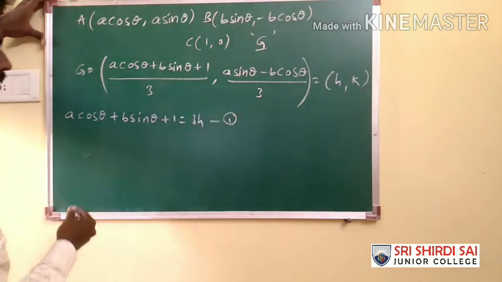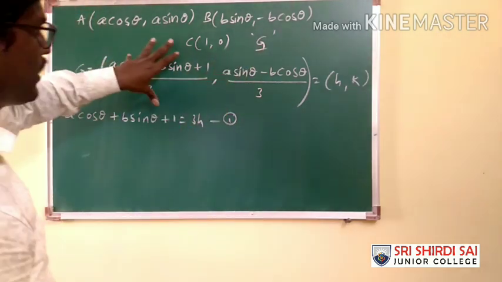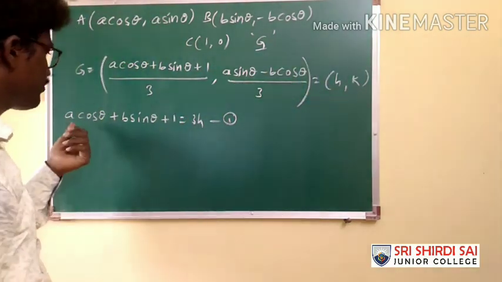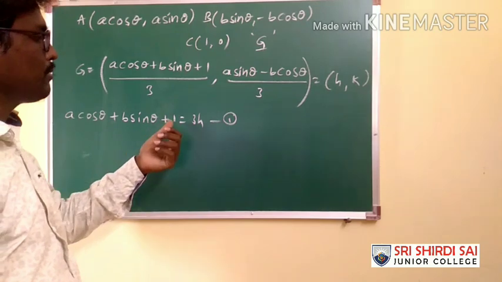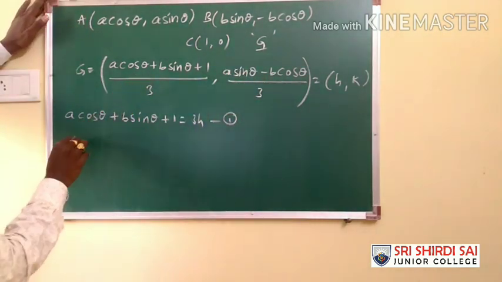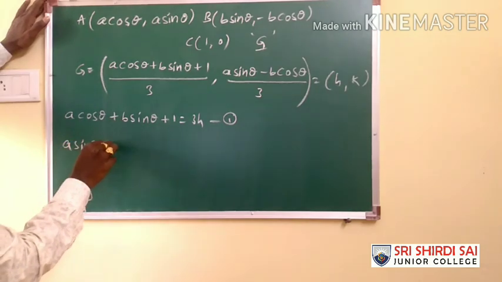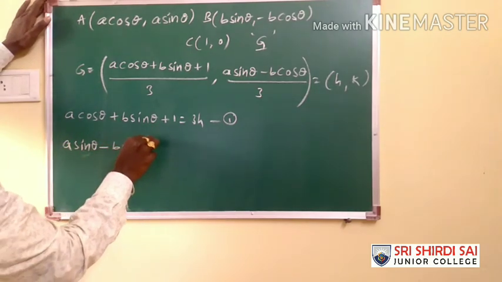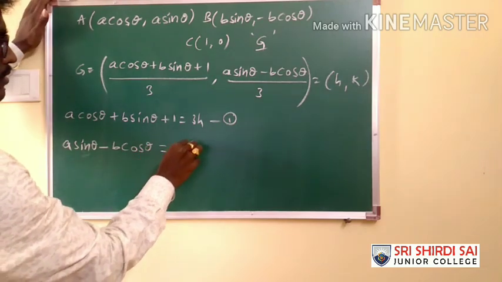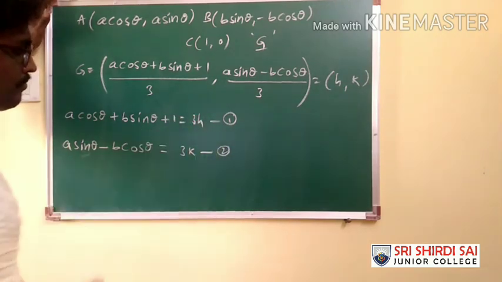It will be equation 1, because on cross multiplication, equating this term to h, and transposing 3 to the other side, we get A cos theta plus B sin theta plus 1 is equal to 3h. And on the other side we have A sin theta minus B cos theta is equal to 3k. Let it be 2.